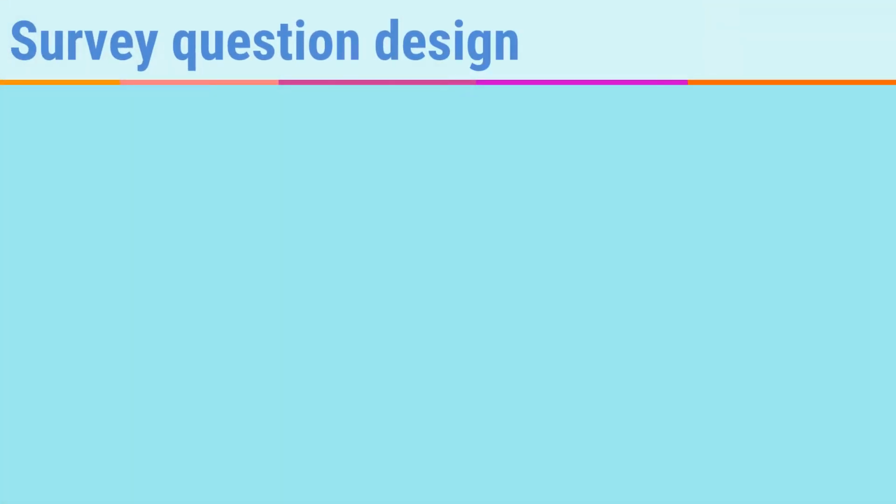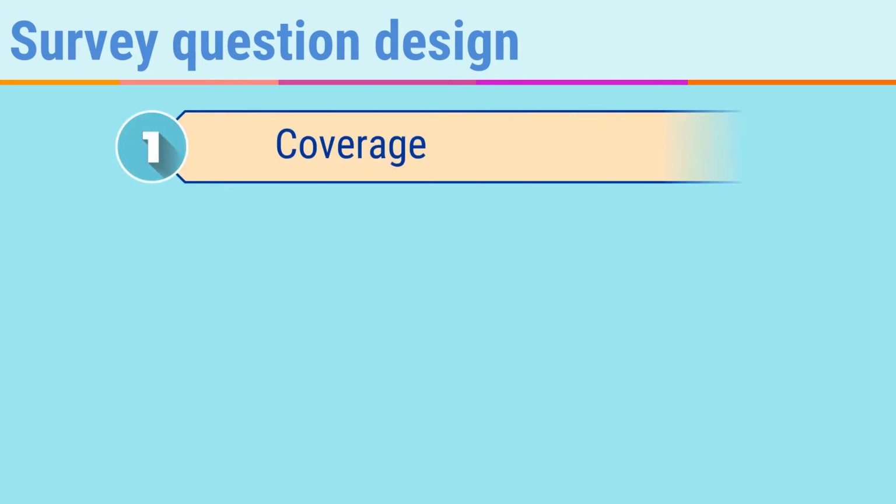First, let's talk about survey question design. In this part, I'm going to talk about 20 considerations that we need to care about when we design the question items for the survey. First, we need to make sure that the items in the survey can cover research questions comprehensively.